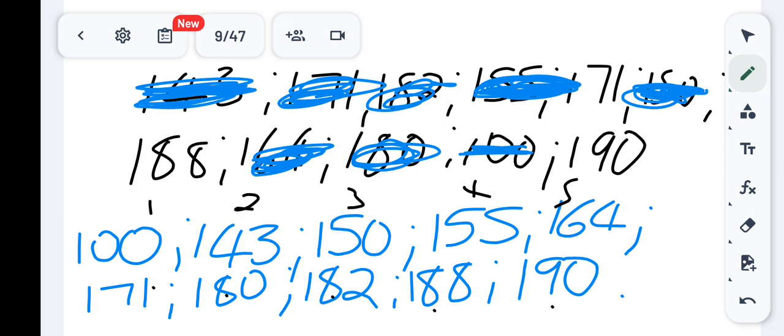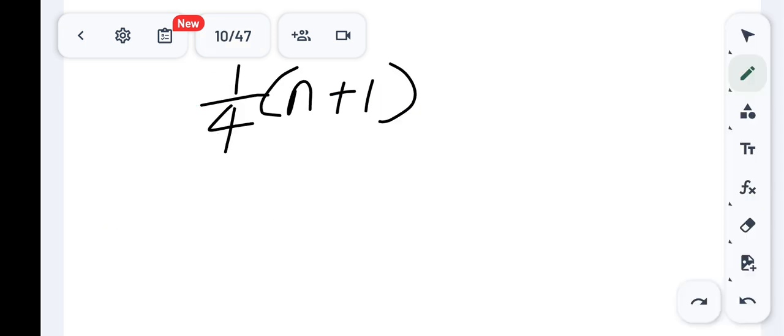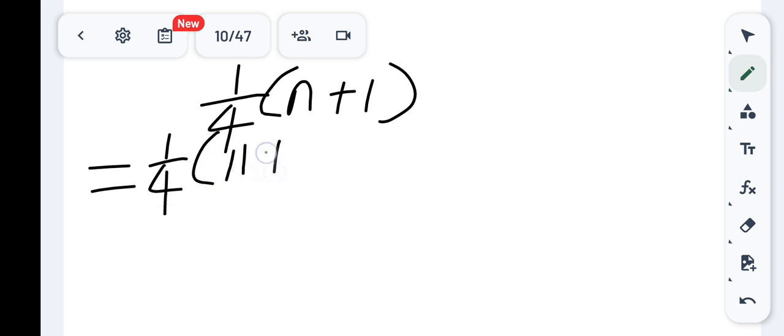Again, 1, 2, 3, 4, 5, 6, 7, 8, 9, 10, 11. Yes, we have 11 as the number of values, so we will put 11 here.